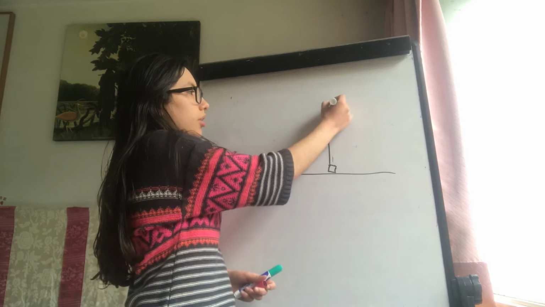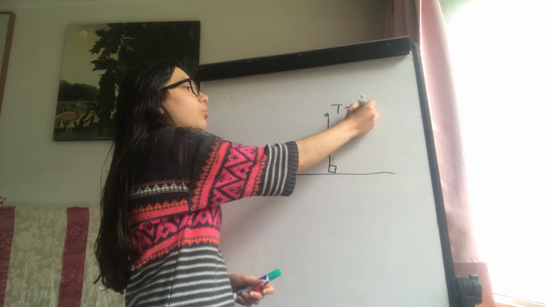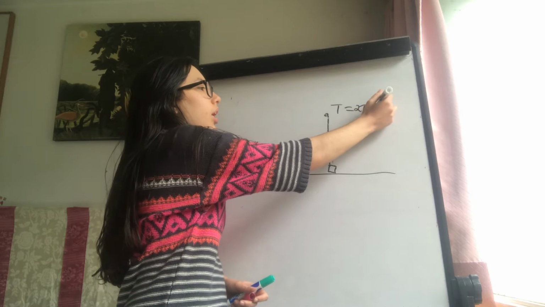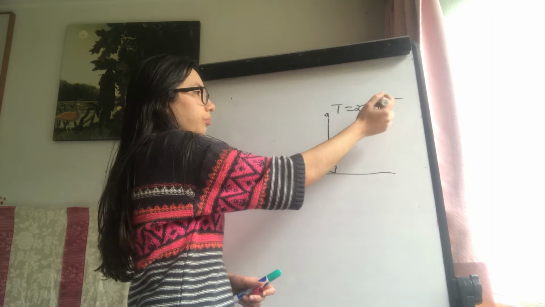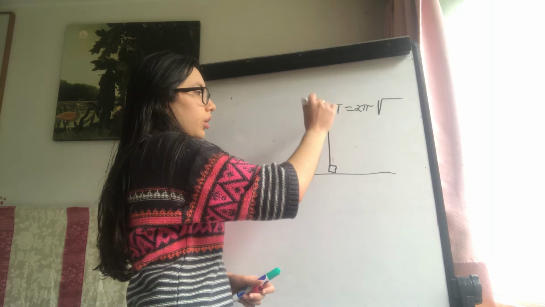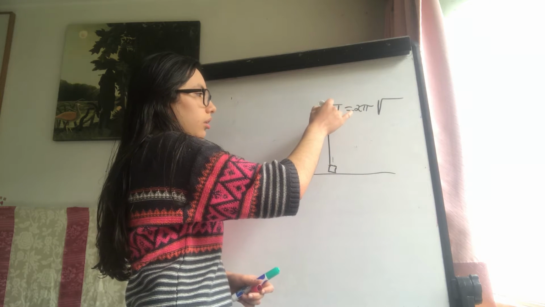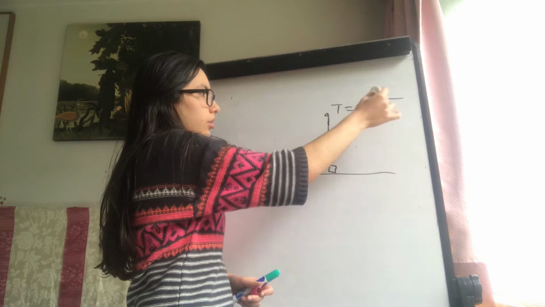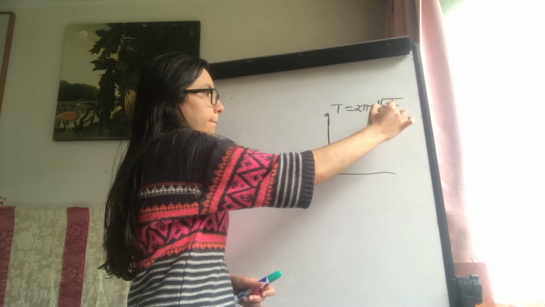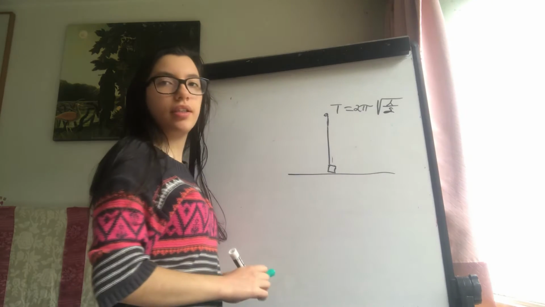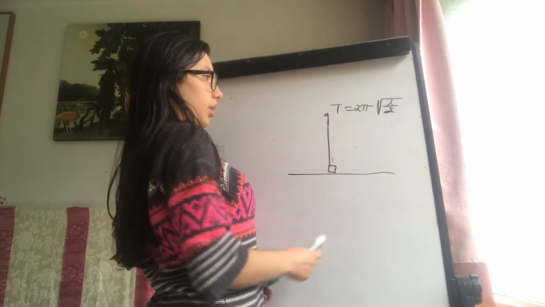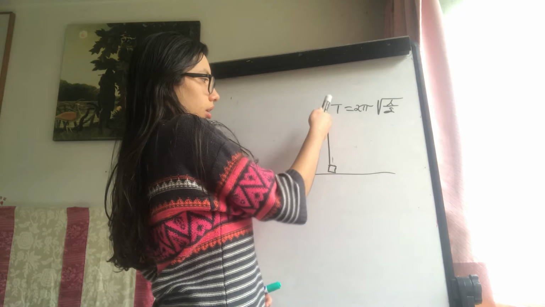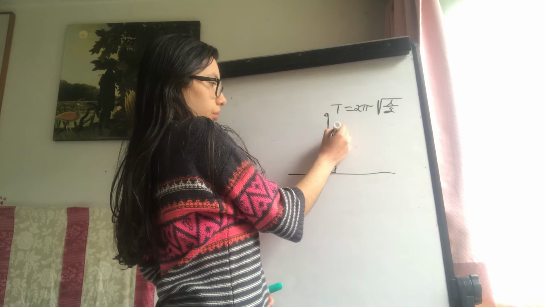And the formula is: the period is equal to 2 pi times the square root of the quotient of the length divided by the gravity acceleration. So let's suppose that the length is 4 meters.